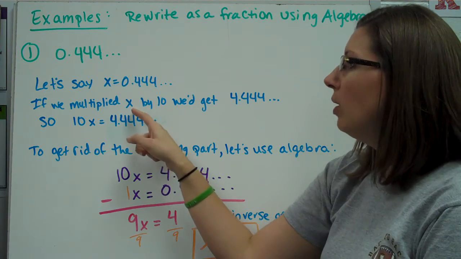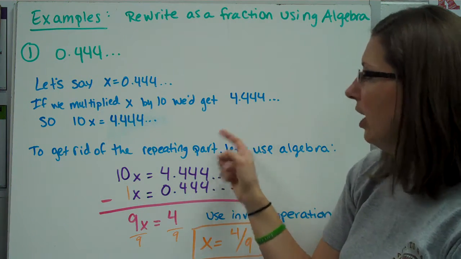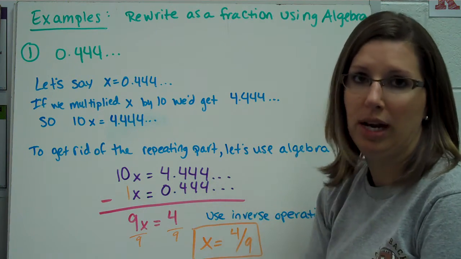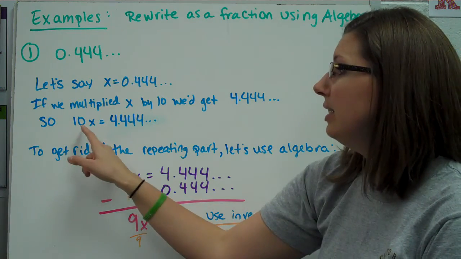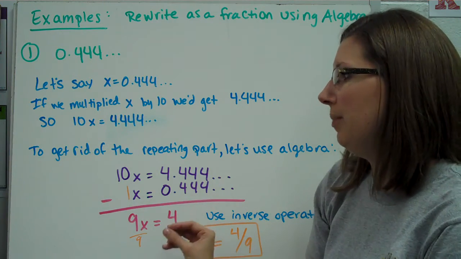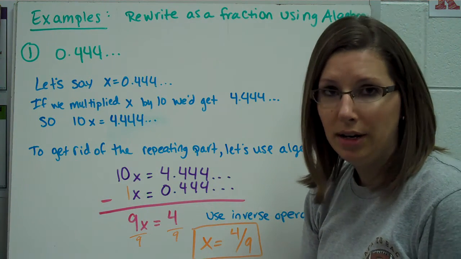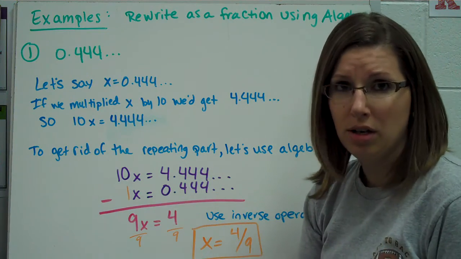If we multiplied x by 10, we'd get 4.44444... repeating. So we have another equation here: 10x equals 4.44444... repeating. Our ultimate goal here is to get rid of the repeating part.